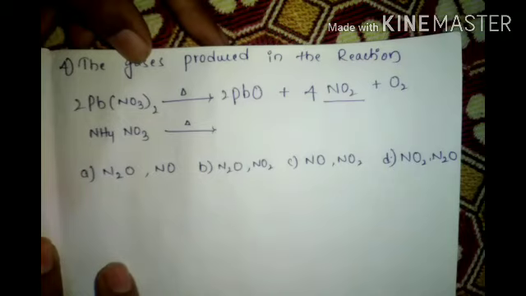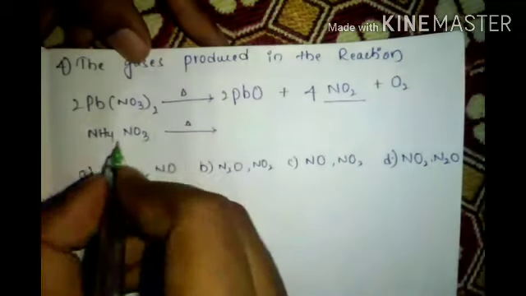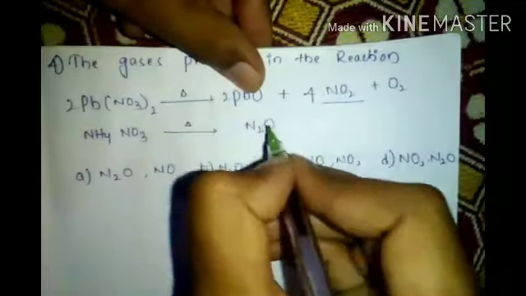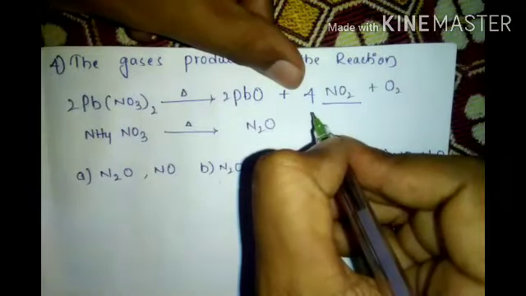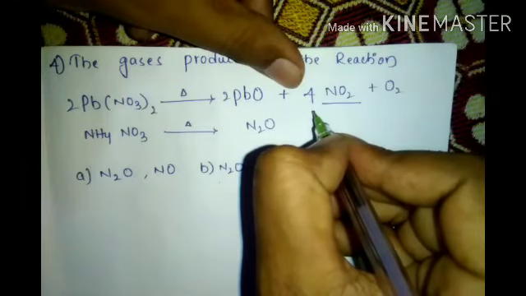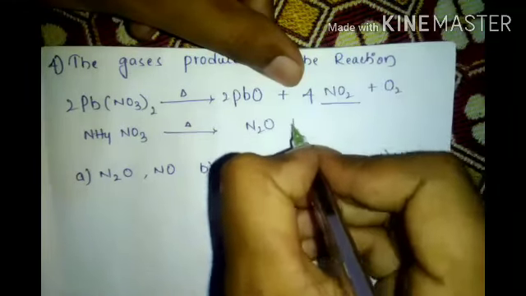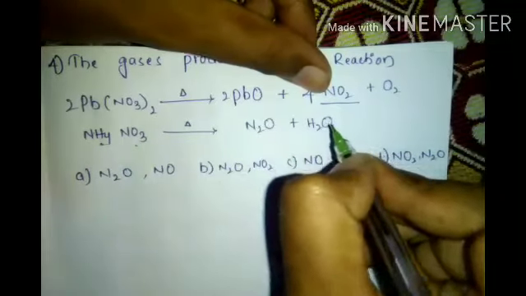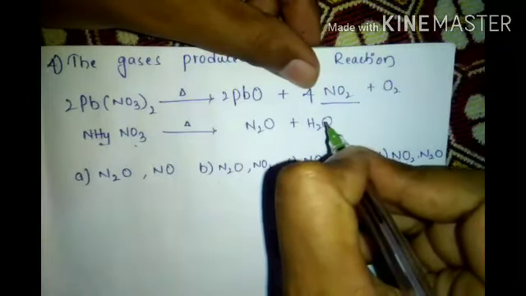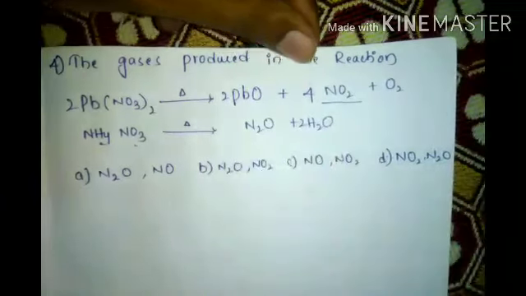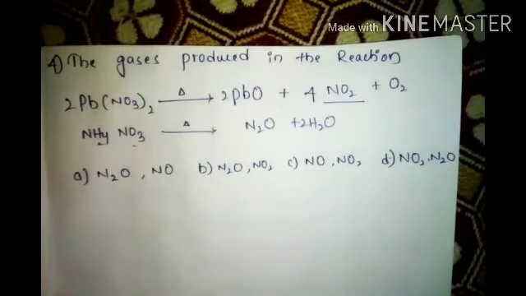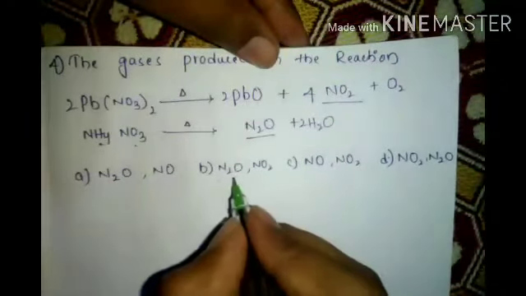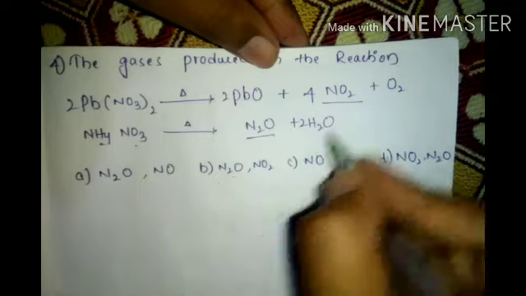Yeah. Next, NH4NO3. This reaction everybody knows. N2O and remaining is H2O. How many moles of H2O? It is 2 moles. Okay, 2 moles of H2O. So first NO2, N2O.